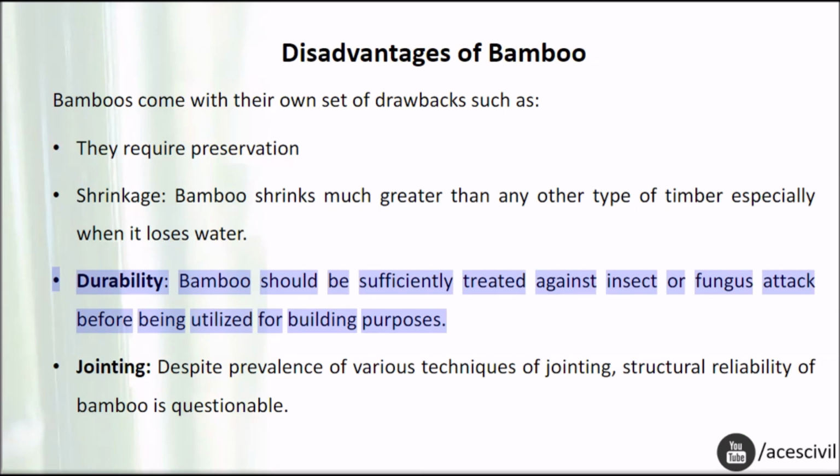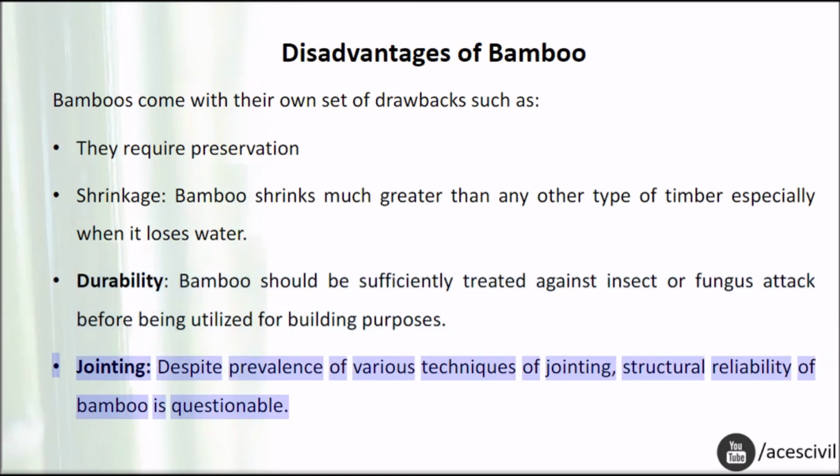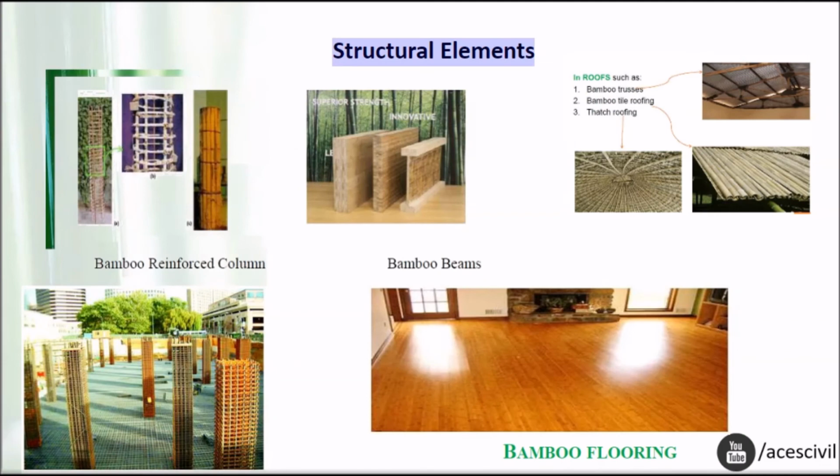Bamboo should be sufficiently treated against insect or fungus attack before being utilized for building purposes. Jointing. Despite the prevalence of various techniques of jointing, the structural reliability of bamboo is questionable. Structural elements.